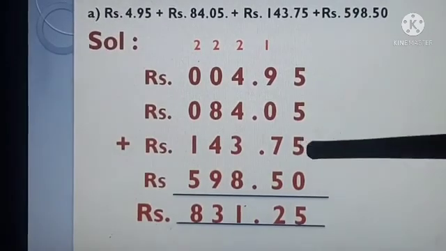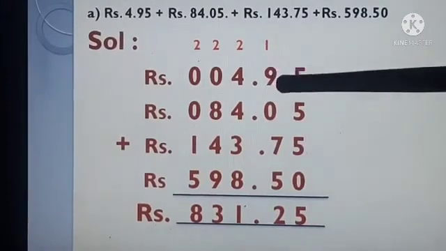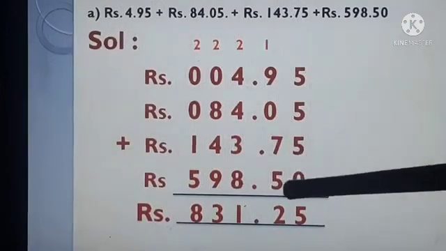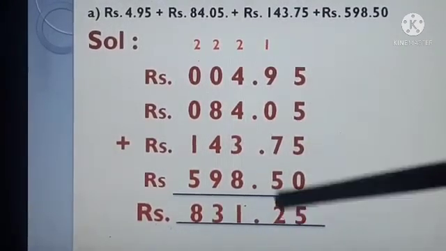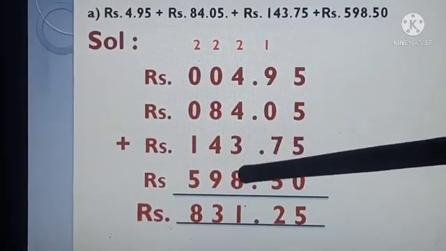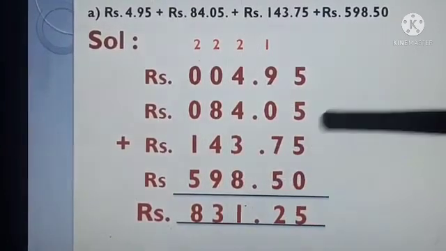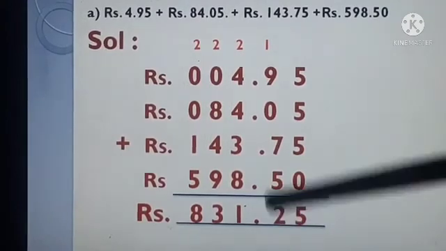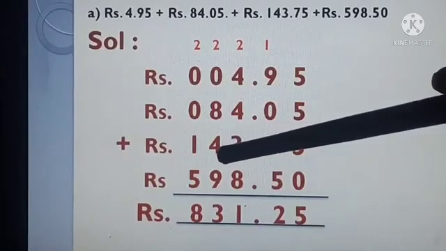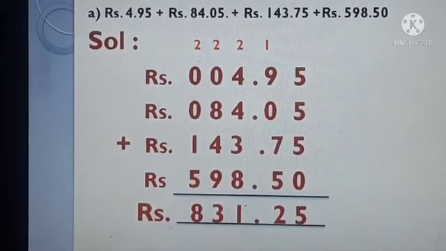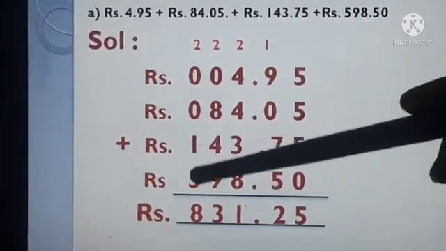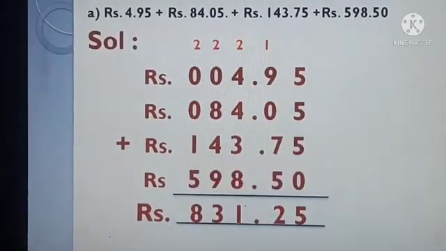5 plus 5, 10. 10 plus 5, 15. 5, 1 carry. 9 plus 7, 16. 16 plus 5, 21. 21 plus 1, 22. 2, 2 carry. 4 plus 4, 8. 8 plus 3, 11. 11 plus 8, 19. 19 plus 2, 21. 1, 2 carry. 8 plus 4, 12. 12 plus 9, 21. 21 plus 2, 23. 3, 2 carry. 1 plus 5, 6. 6 plus 2, 8.